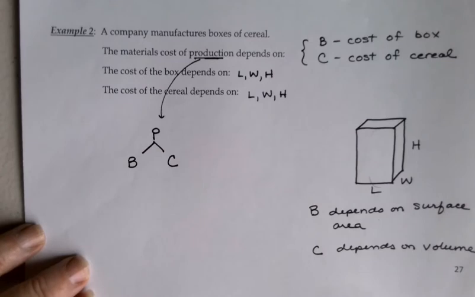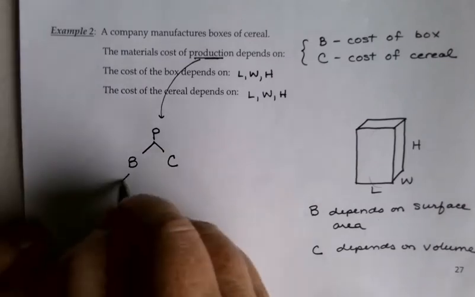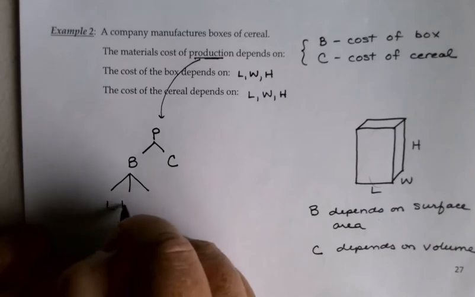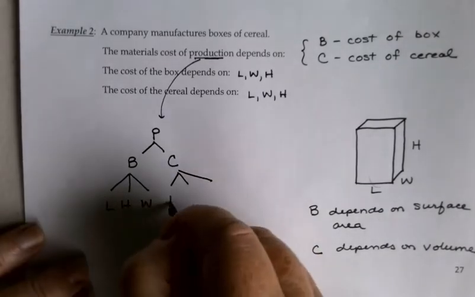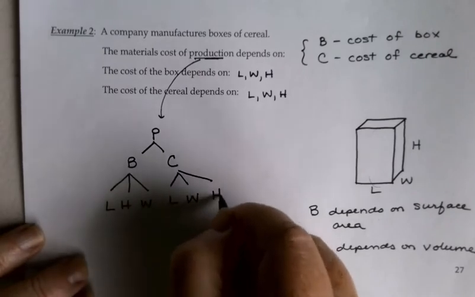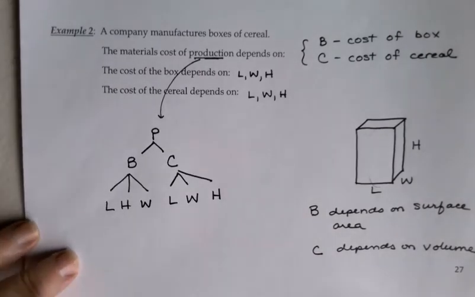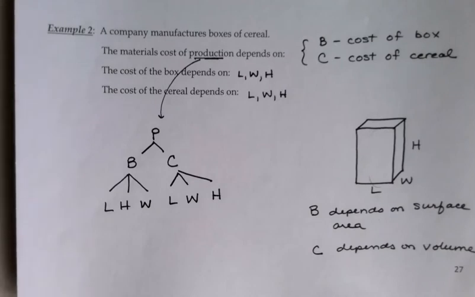Those are my intermediate variables. But then the box cost depends on length, width, and height. And the cereal cost also depends on length, width, and height. So there would be my tree diagram that demonstrates the relationship between all of those variables.